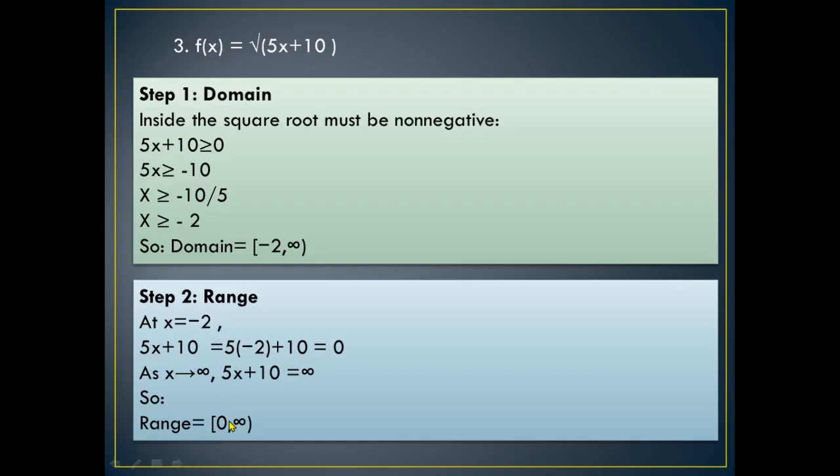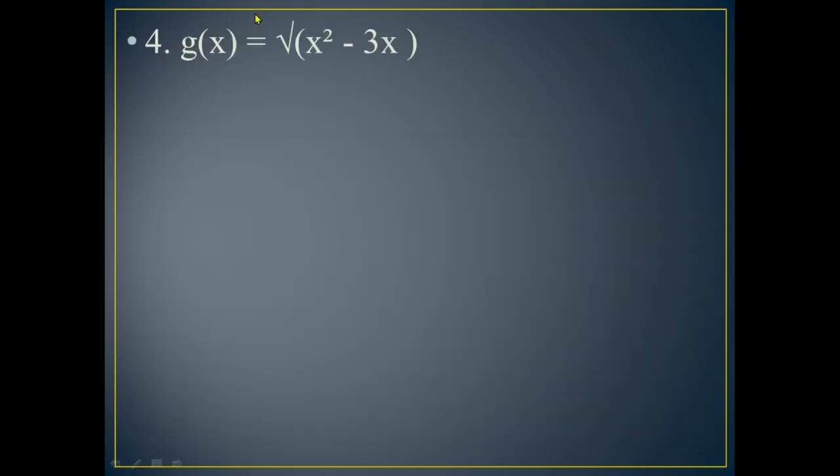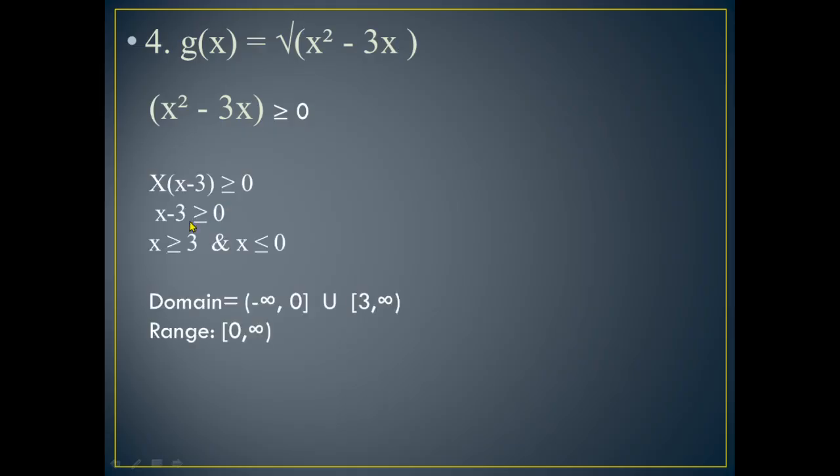Let us see the next function, that is g of x equal to square root of x square minus 3x. Here also, x square minus 3x should be greater than or equal to 0. Then we take x as common, that is x into x minus 3 greater than or equal to 0.